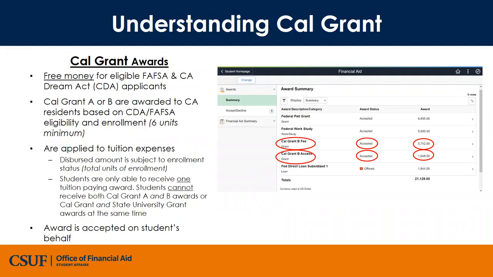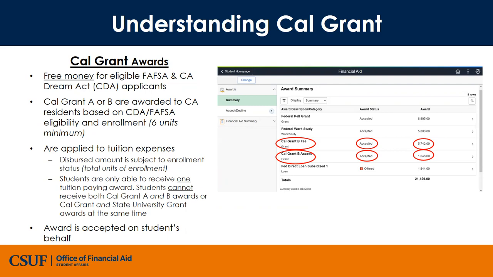Next are the Cal Grant Awards. Cal Grants are free money for eligible FAFSA and California DREAM Act applicants. Cal Grant A or B are awarded to California residents based on the CDA or FAFSA eligibility and enrollment, which is a minimum of 6 units of enrollment. The award is applied to tuition expenses.